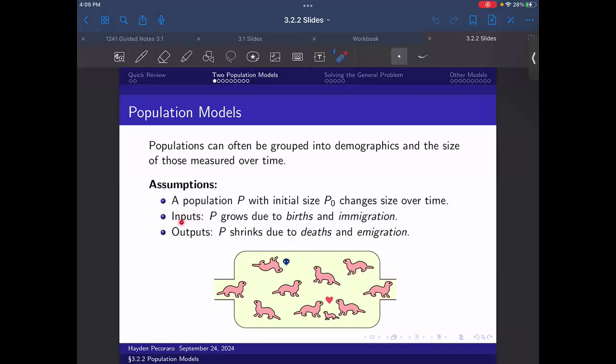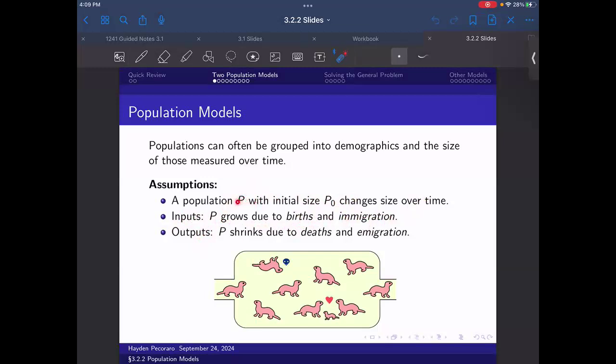And similarly to the mixing problems, we have inputs and outputs. Population is P, it's got an initial size that changes over time. And the inputs usually come from what are generally called births. So you can think of this as maybe the population of a country. And immigration, these are external agents that come in to include a population.